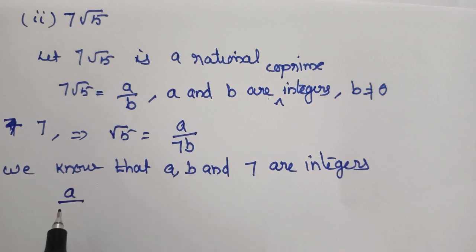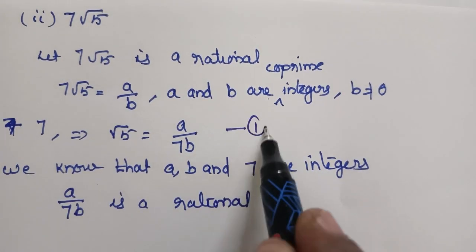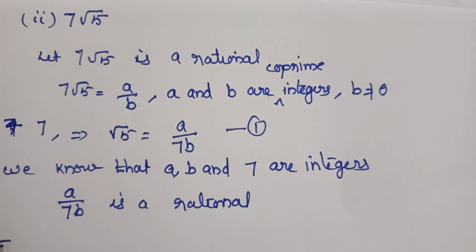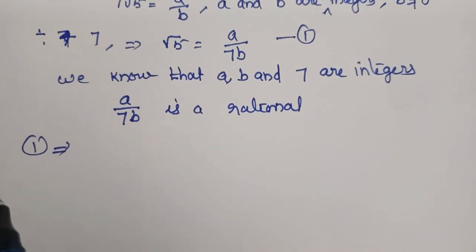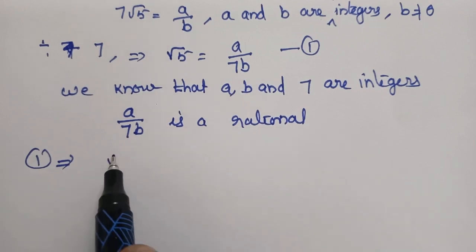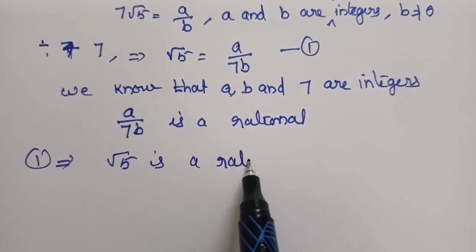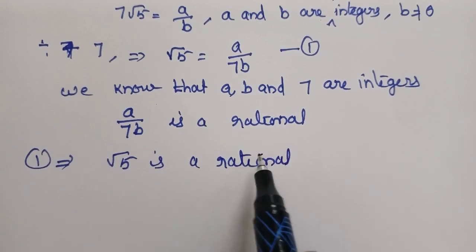That implies a by 7b is a rational number. Therefore, from the first result, root 5 is a rational number.